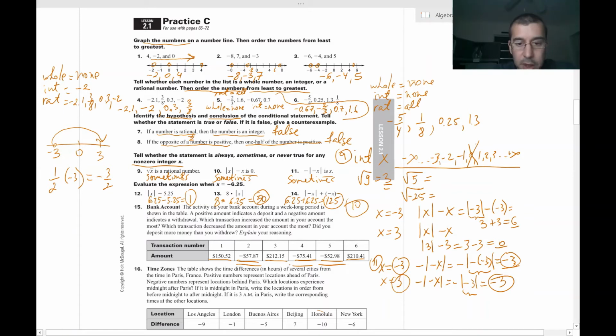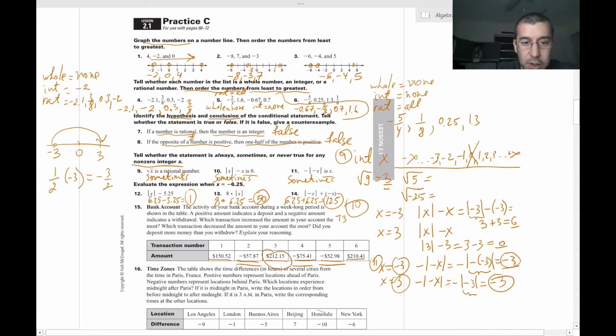We're looking for the highest or the greatest number. That is 212, because 150 is less than 212. The others are negative, so all the numbers are less than 212. That's transaction 3.